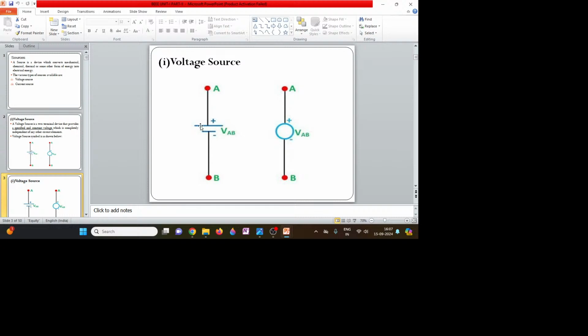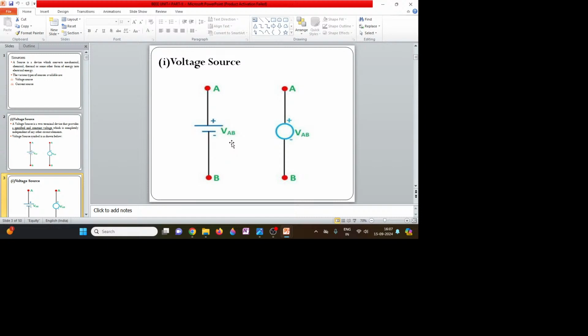Here also you can mention it with two lines: one larger line, which is the positive terminal, and a smaller line, which is the negative terminal, and you can write V beside it. If you write V here, that means it is a voltage source.